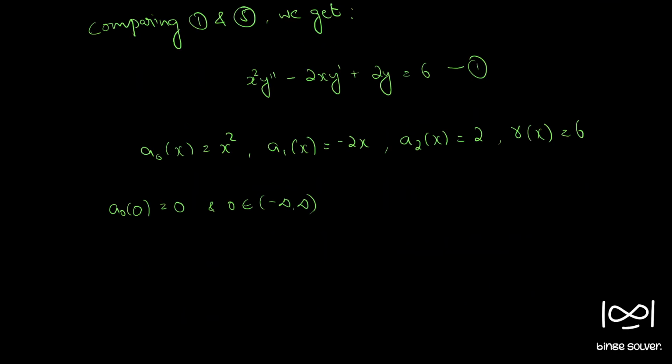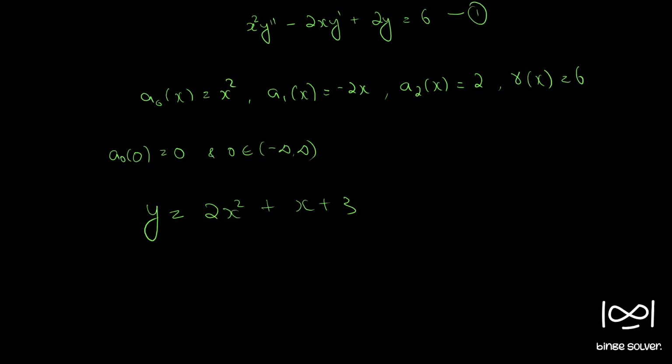And if we take two random examples, say y equal to 2x² + x + 3, giving c's value as 2, and y equal to 3x² + x + 3.